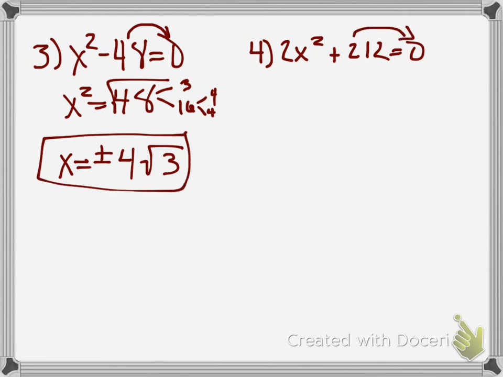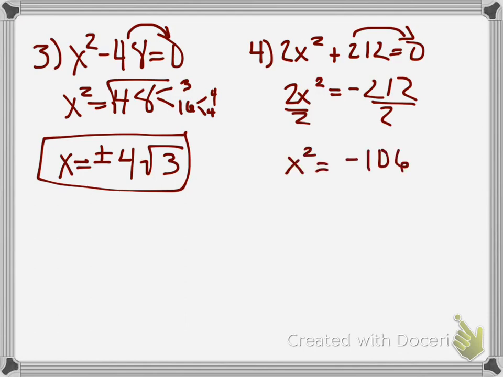Here I'm going to move this over, and that would be 2x squared equals negative 212. Divide by 2. You get x squared is equal to negative 106. Now, because of that, here's where I'll take my square root. So notice the last thing I'm going to do is take my square root. So I'm keeping it simple. You're moving things over. You're dividing by 2, maybe at the most, something like that.